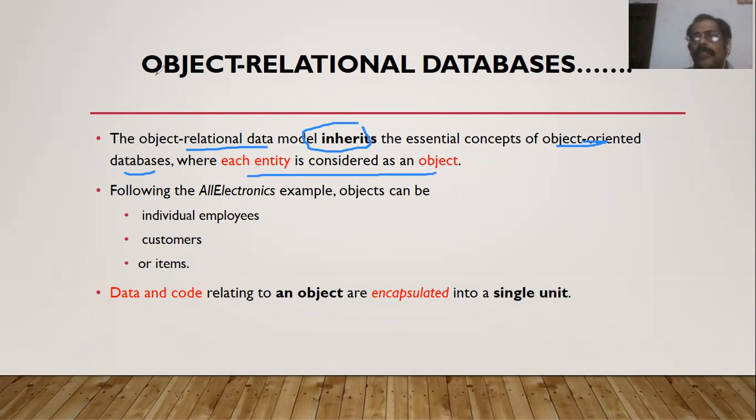So, the object relational data model inherits the essential concepts of object-oriented databases, that is, object and class concepts. Each entity is considered as an object, as we are considering in object-oriented databases.